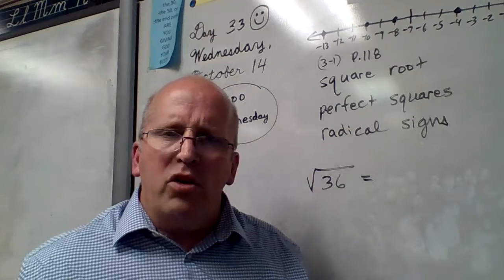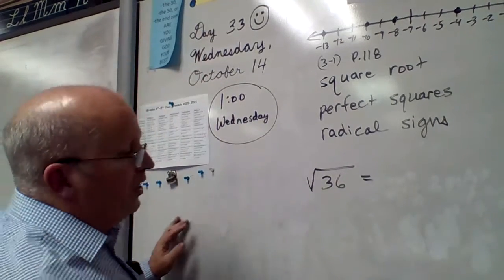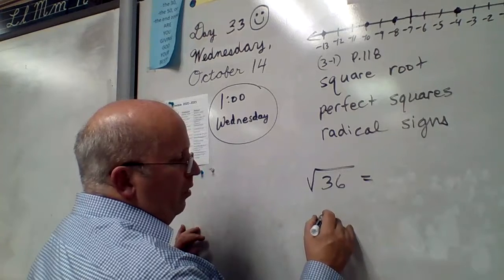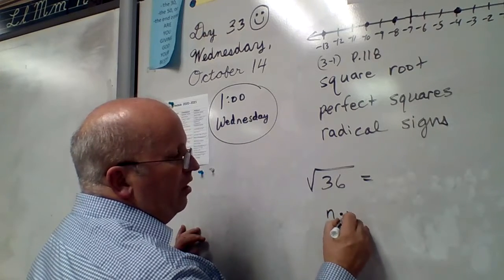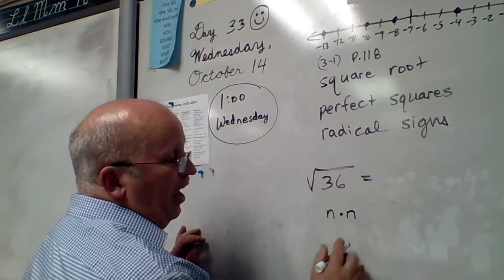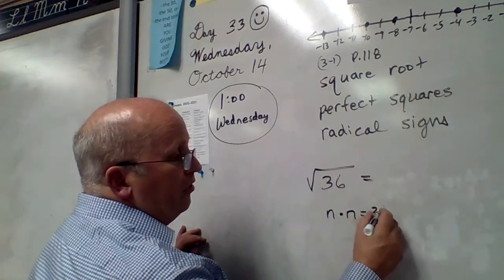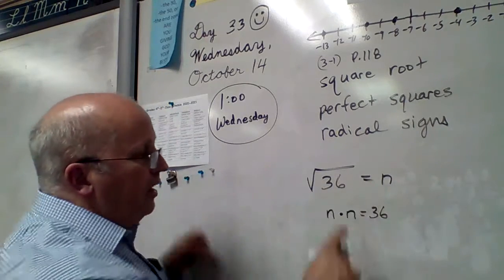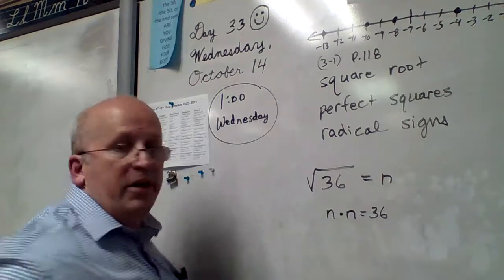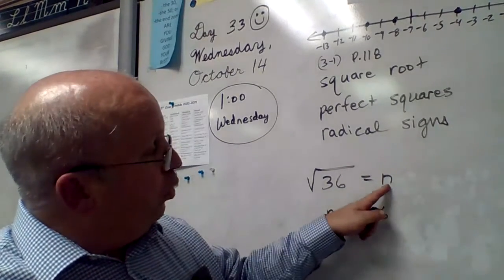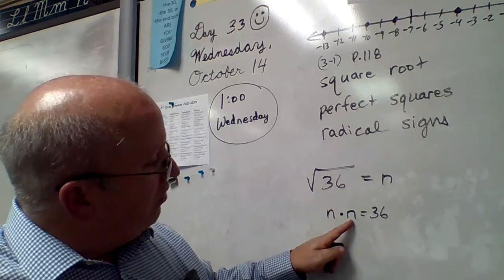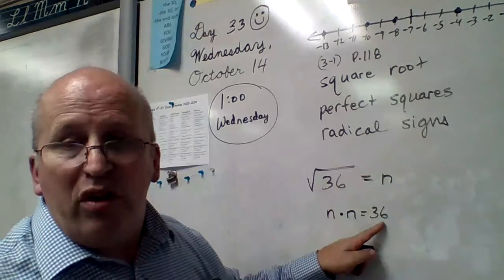Well, when we're talking about square roots, what we're really saying is, think about this problem. A number, n, times the same exact number, n, gives me 36, and I'm trying to figure out what that n is, because that's what I want to put right here. The square root is the factor that you multiply by itself to get to that 36.